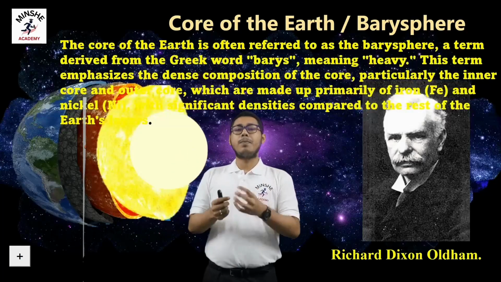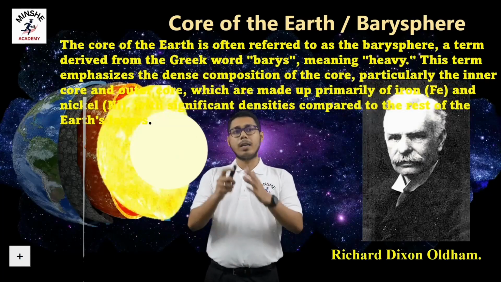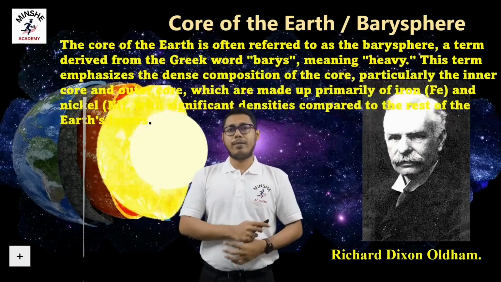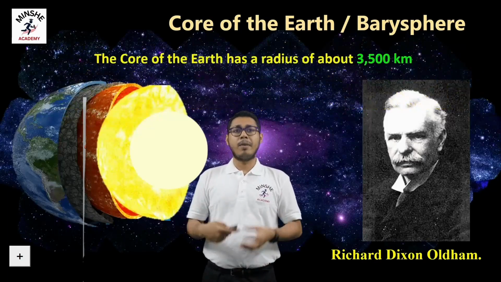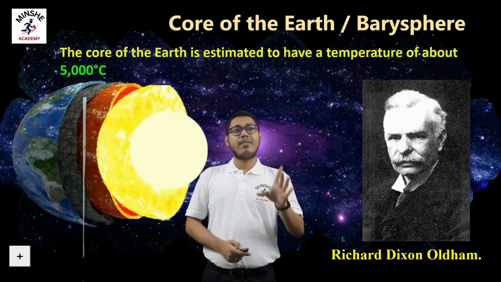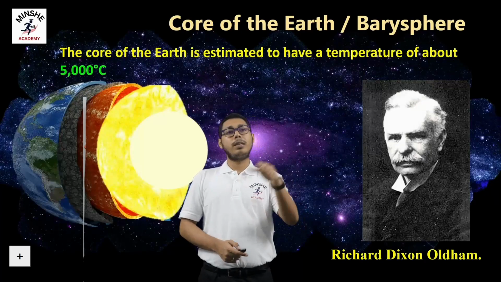This layer is composed of such dense materials, which is why this layer chemically is also known as barysphere. Now the core of the earth has a radius of about 3500 kilometers, and it has an average temperature of about 5000 degrees Celsius, which you have already studied.